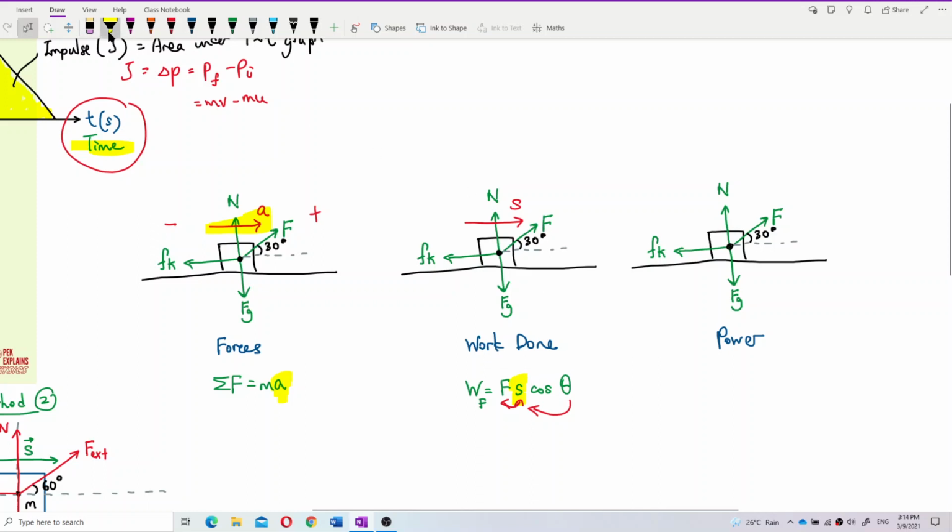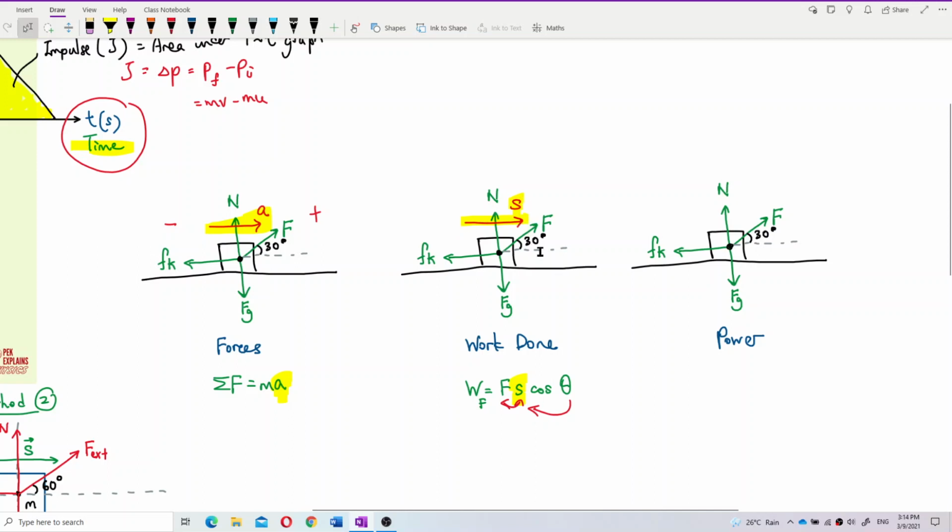We need to draw the displacement in our free body diagram, just beside the object. Don't draw on the object. Draw just beside the object so that we can compare each force with the displacement to get the angle theta.